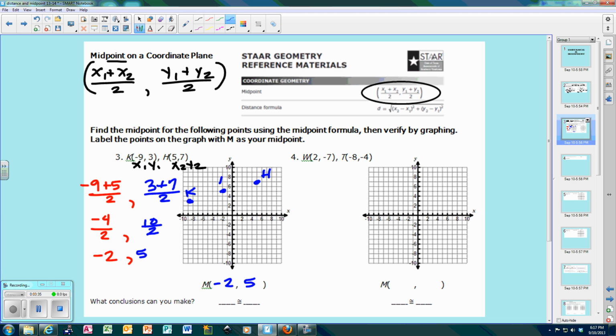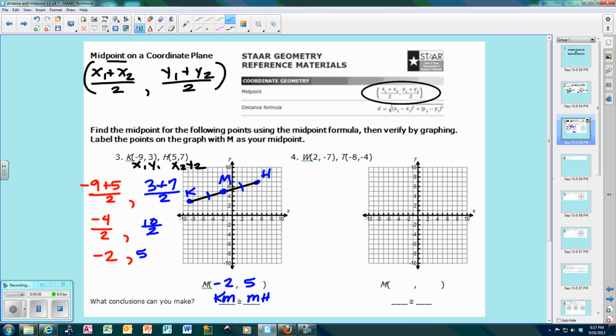So that should be my midpoint. And then I'm going to connect my dots. So let's see if I can get just a plain old line segment here. So going through there, and now I can conclude that KM is congruent to MH. So this piece is congruent to this piece.